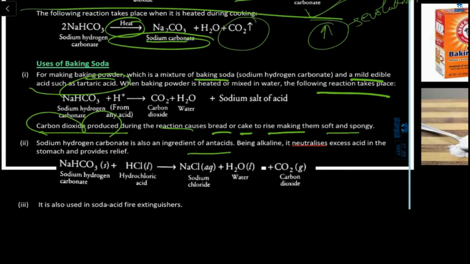Rudra, you were right, you were telling the reaction: the tartaric acid and the sodium hydrogen carbonate. But I'm asking about the product. So what was the product? The product is CO2. Due to the CO2, my cakes and breads rise and become fluffy. So the reaction is this: sodium hydrogen carbonate, which is NaHCO3.